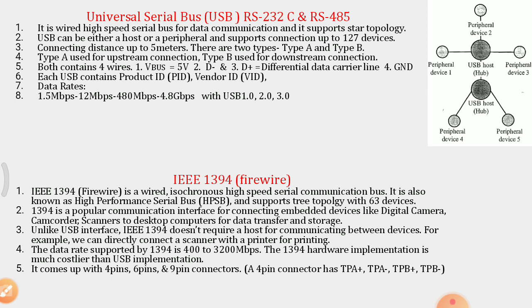The data rates of USB are from 1.5 Mbps to 12 Mbps, 480 Mbps and 4.8 gigabits per second. The 1.5 Mbps is usually said as USB 1.0. The 12 Mbps and 480 Mbps is usually said as USB 2.0 and 4.8 Gbps is usually said as USB 3.0.